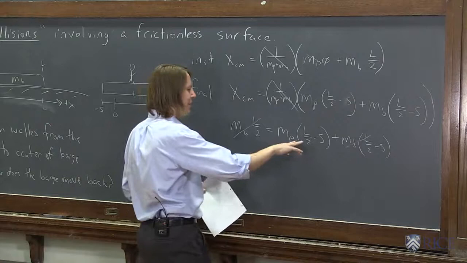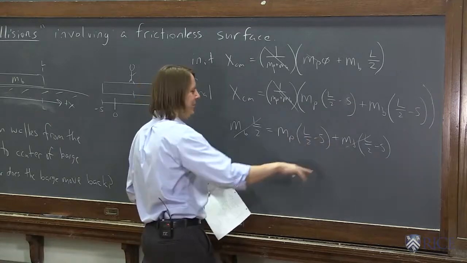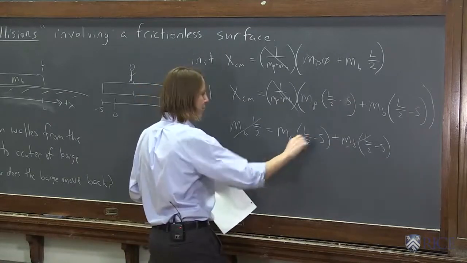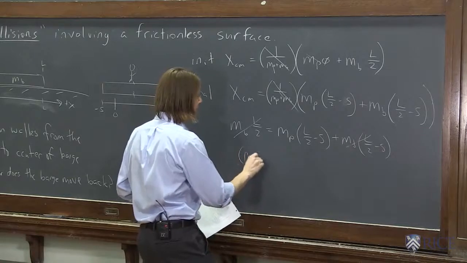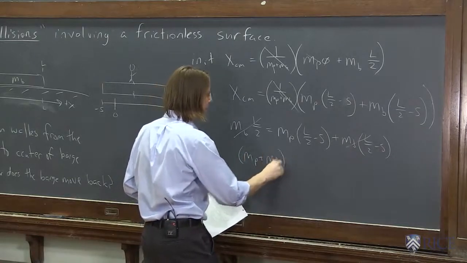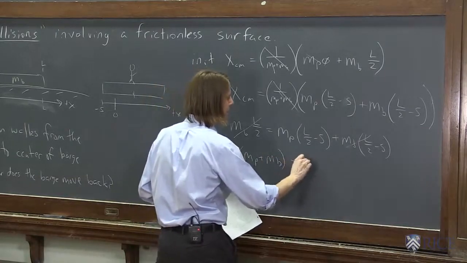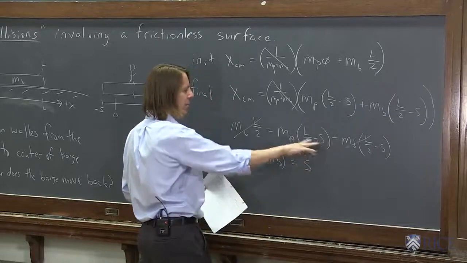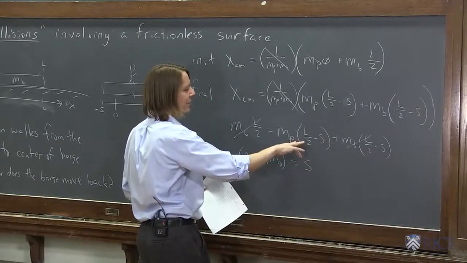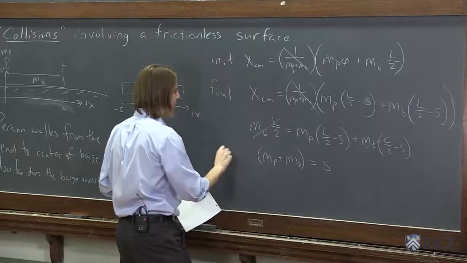So we would say minus mp times s minus mb times s. We would bring those over here, and it would be mp plus mb over here, and s over here. Yet we still have this one, mp times L over 2, which we'll have to bring over here.